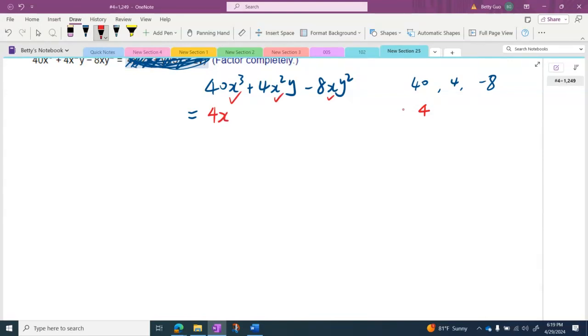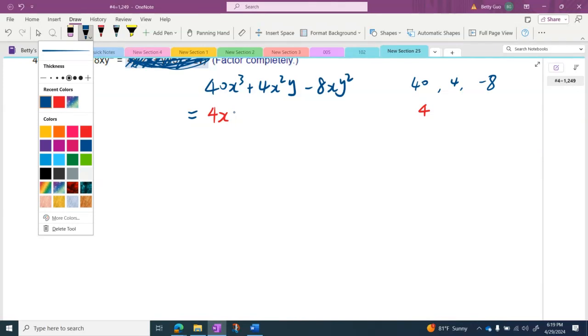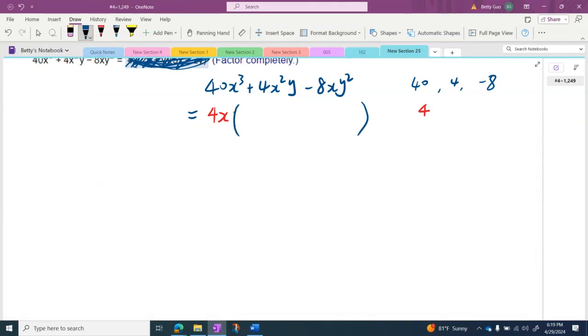Take the one with the lowest degree, and we have x. And then we look at the part with the variable y. We have no y in the first term, so y is not going to be part of the GCF. So the GCF is going to be 4x, all right?